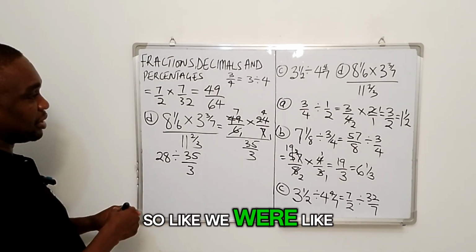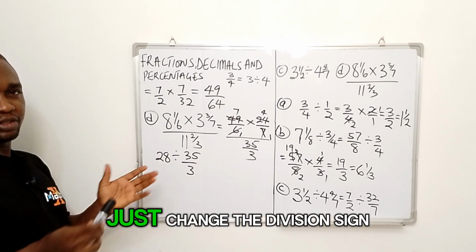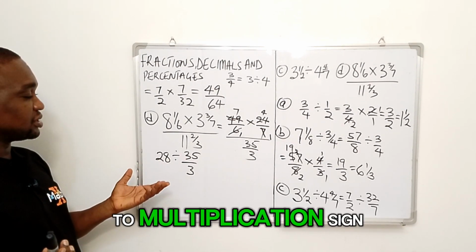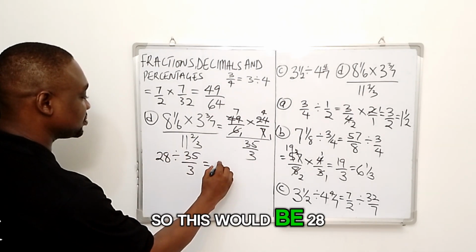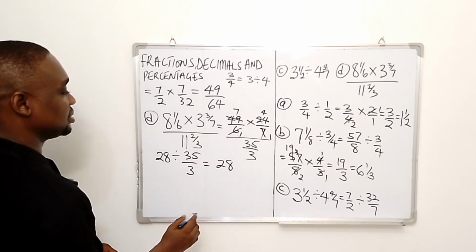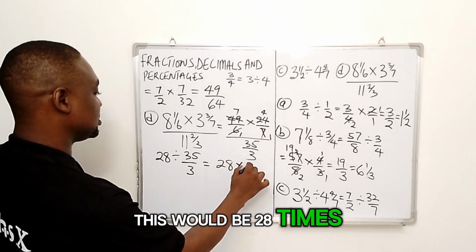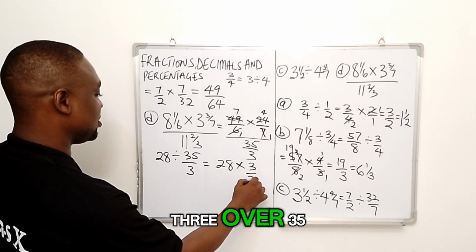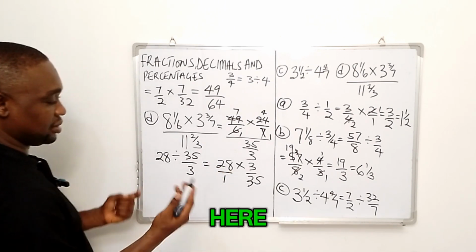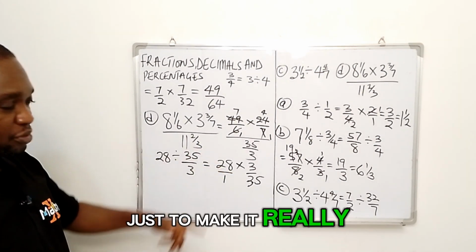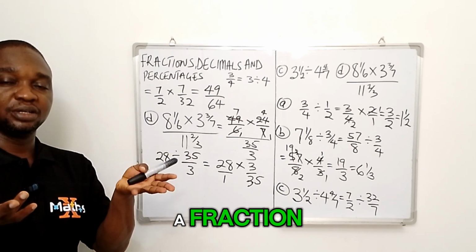Like we said earlier, when you have a division sign, simply change the division sign to a multiplication sign, and of course invert your fraction. So this would be 28 times 3 over 35. You could put an over 1 here. It won't be a problem, just to make it truly look like a fraction, because every whole number is a fraction.